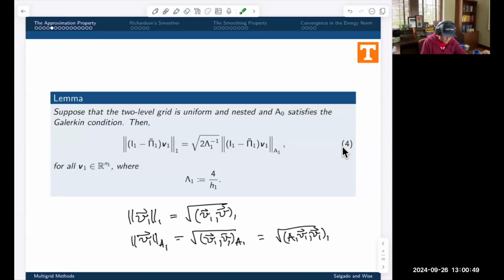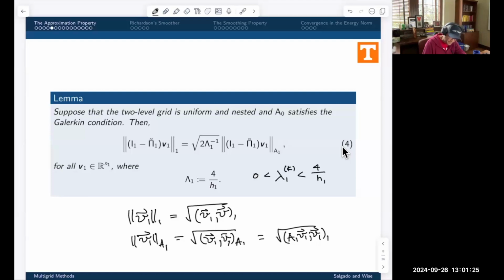Capital lambda 1 is the number 4 over h1, and it serves effectively like a spectral radius for the eigenvalues of our stiffness matrix, or in other words, an upper bound. If you recall, we showed that these eigenvalues are all positive and they're all bounded above by a number, and that number was exactly 4 over h1.